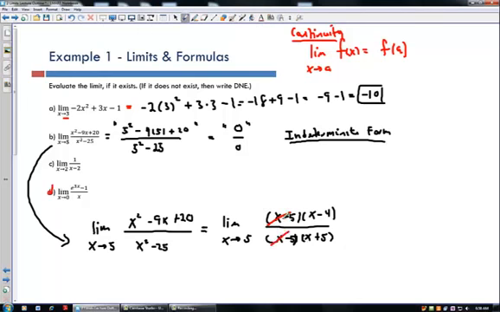And notice when you cancel them and you plug in 5 again, you're no longer going to get 0 over 0, because you canceled off the part of the expression that gave you 0 on top and 0 on bottom. So now I have the limit as x goes to 5 of x minus 4 over x plus 5.